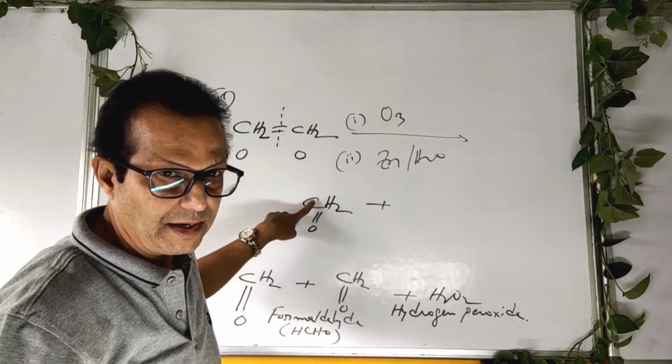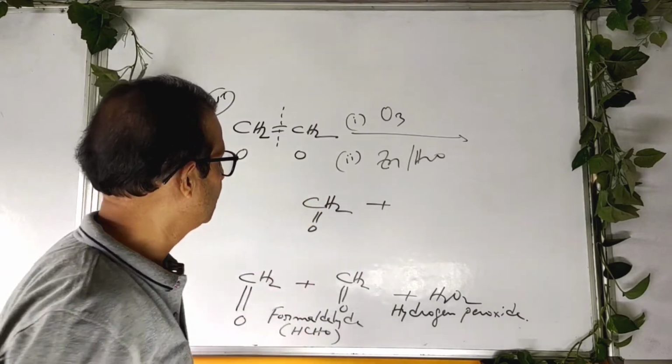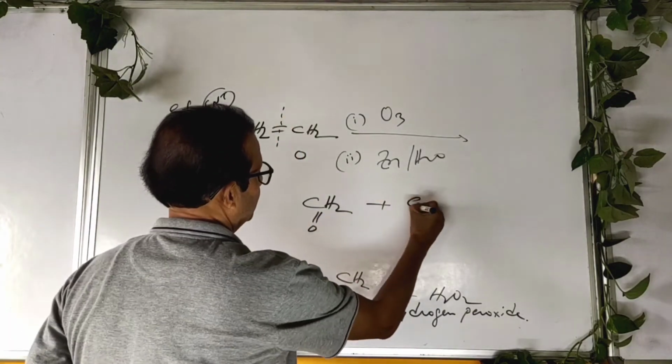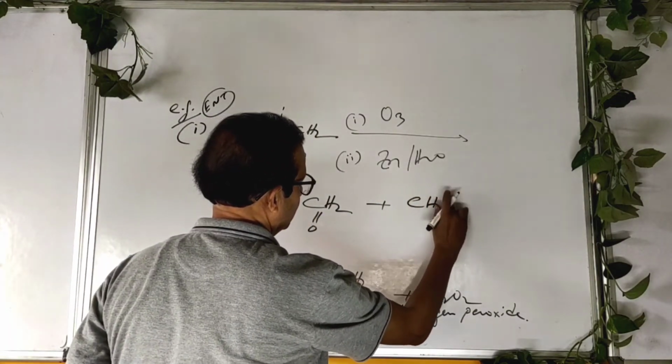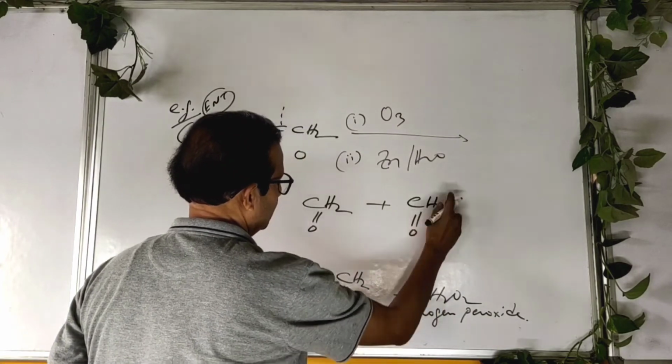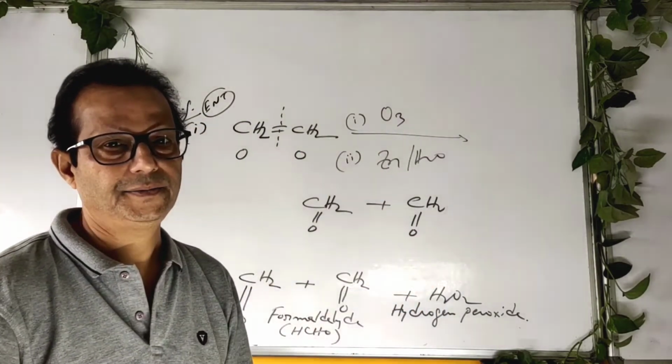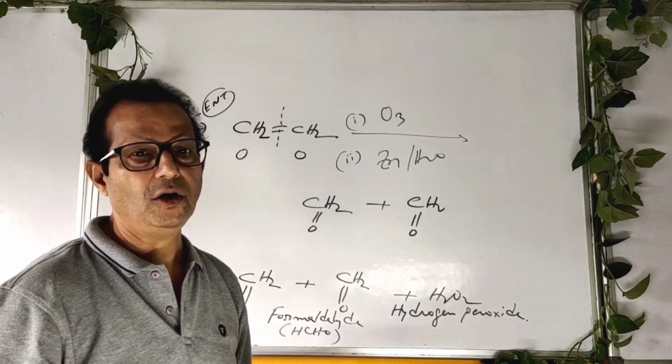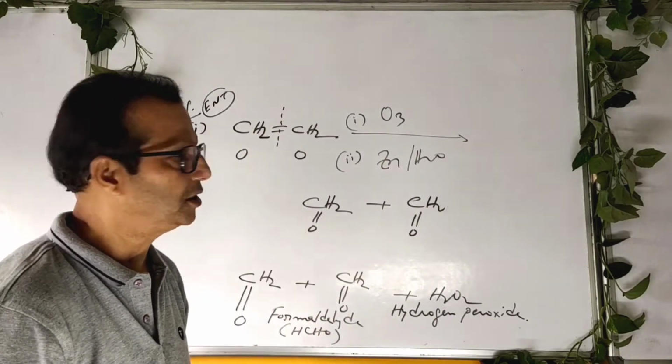Carbon possesses tetravalency, that's why 2, 2, 4. This is the technique. Now the next example of reductive ozonolysis reaction.